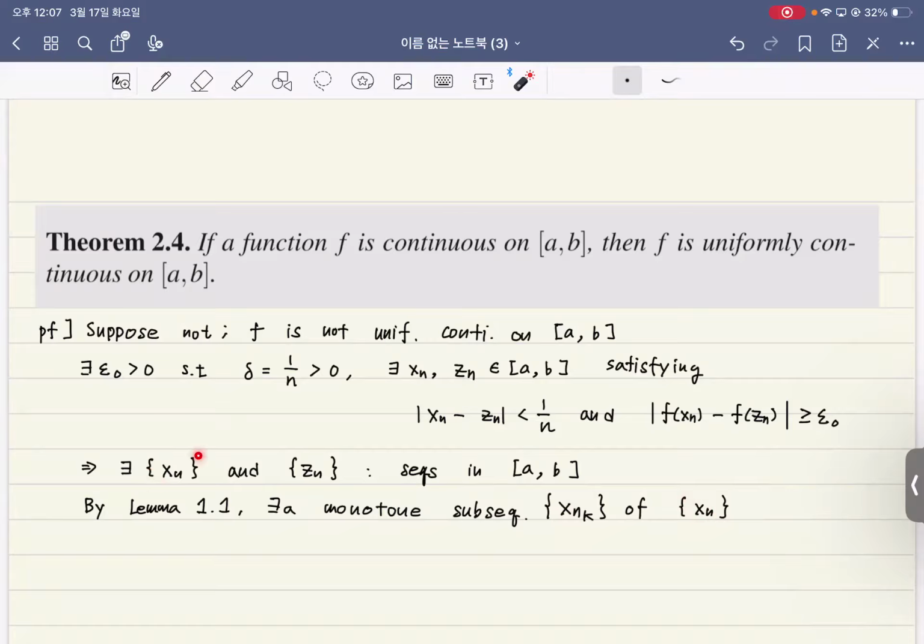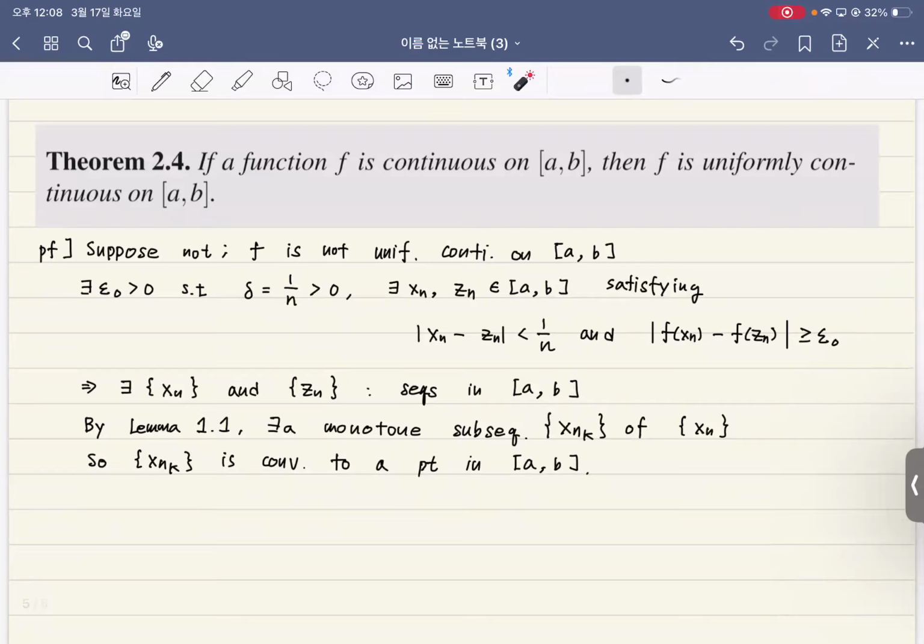And since the original sequence is bounded, this sequence must be a converging sequence because of the monotone convergence theorem. It is converging to a point in [a, b].